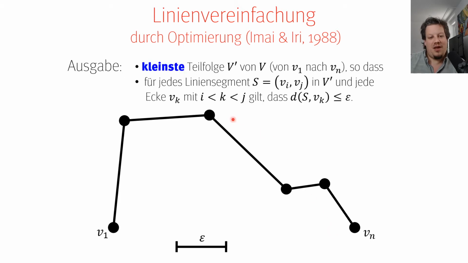And then, for example, what I did in the Douglas-Peucker solution is I went from here to here. And I was allowed to do that because the straight line segment from here to here, if I look at all of the vertices between it, they had distance less than epsilon to the straight shortcut.